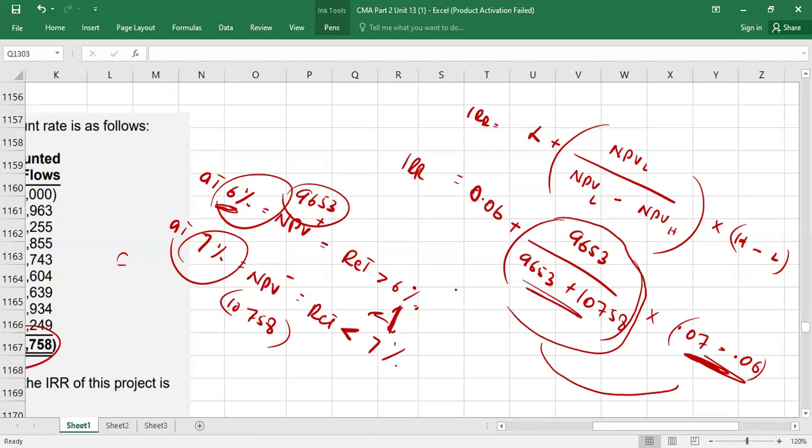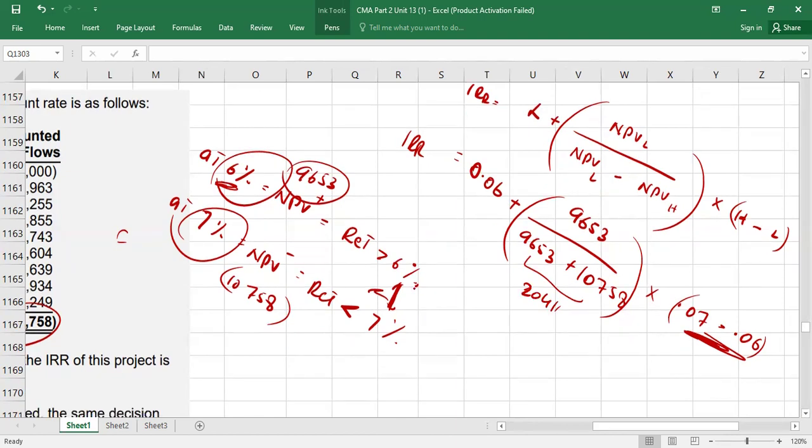It will take time, by the way. We have 9653 plus 10,758. If I add these two values first, the total is 20,411.